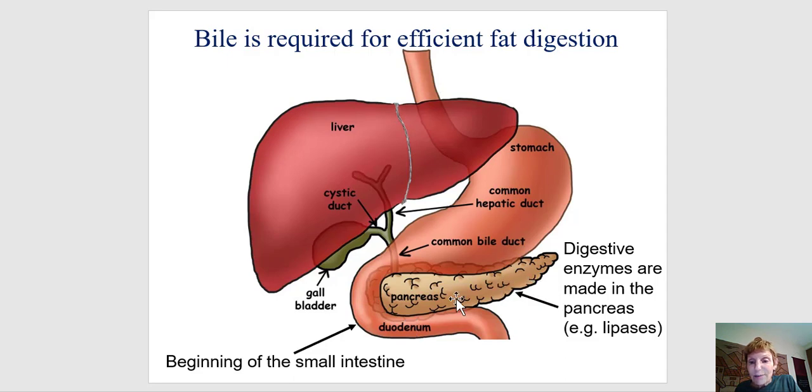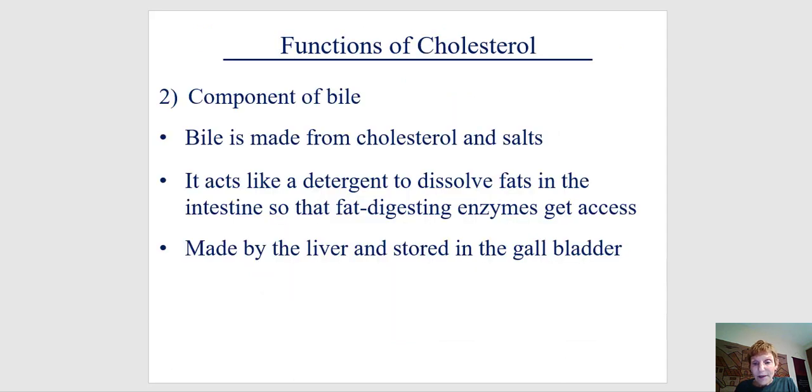And along with the lipases, then the bile can dissolve the fats, break them up, and then the lipases can actually digest them into fatty acids and glycerol that they were made from. And then they can get into the bloodstream and you can use them by your cells. Okay? Now, that's basically what's happening.